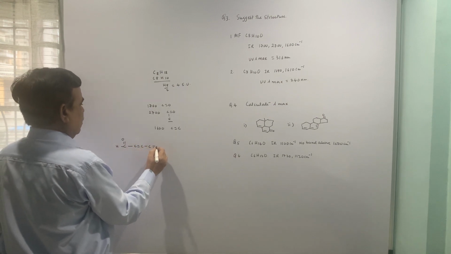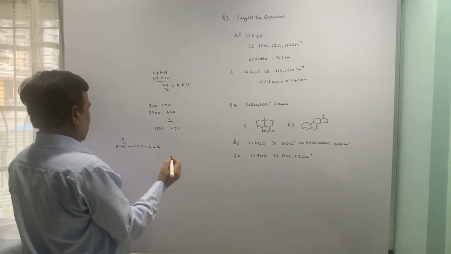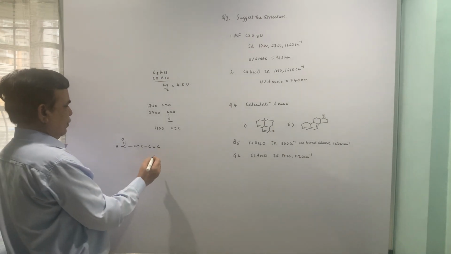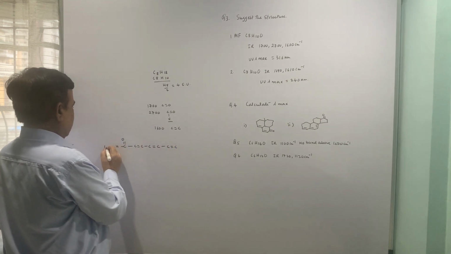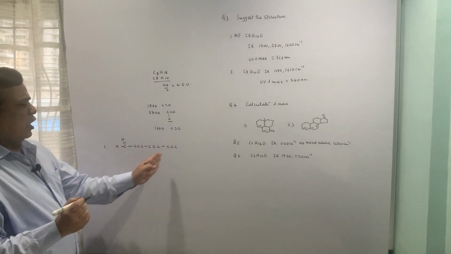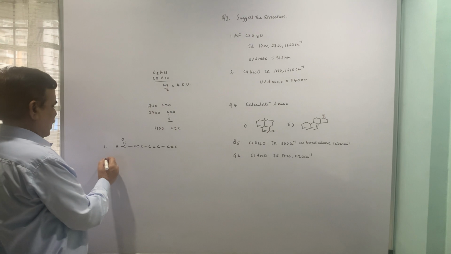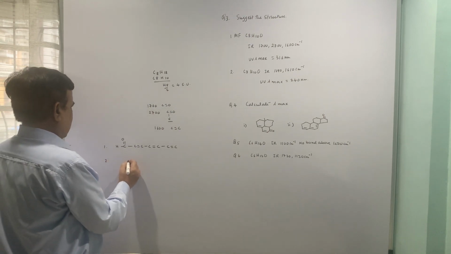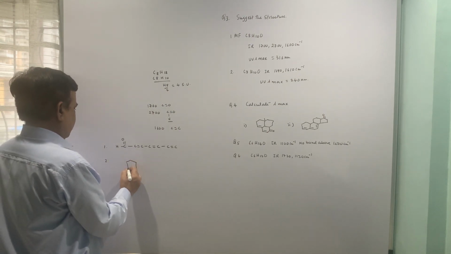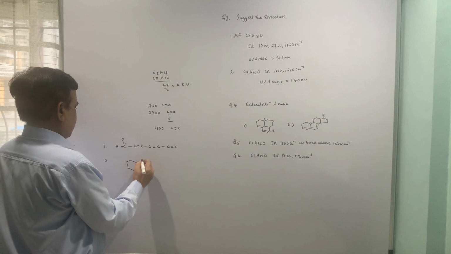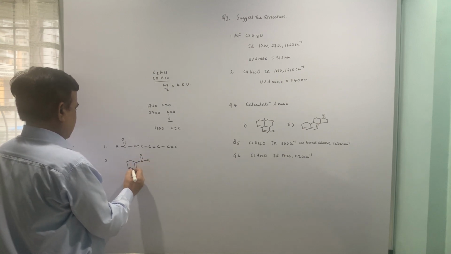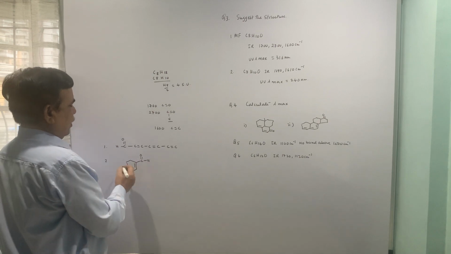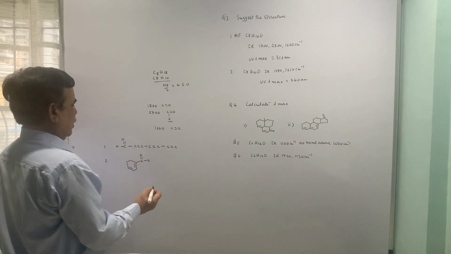There are 8 carbons, so we can have this kind of extension. So the first possibility is a carbonyl group along with 3 double bonds. Second possibility is a carbonyl group and 2 rings, 1 ring with 2 double bonds.